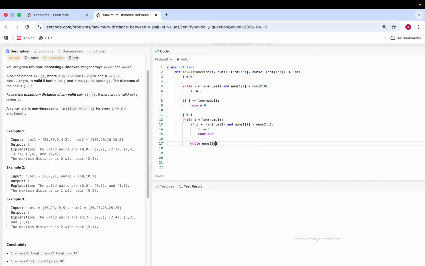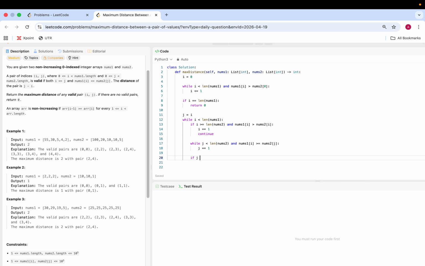While nums1 at i, that's like the v value, is greater than or equal to nums2 at j, j increases. I have to check, yeah, while j is a valid index, and this is the case.